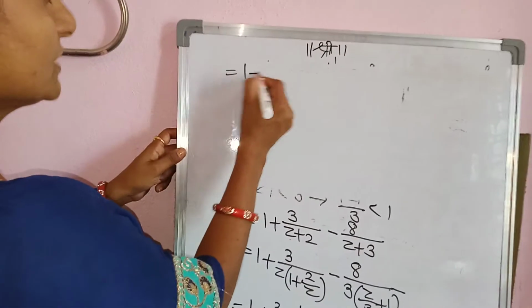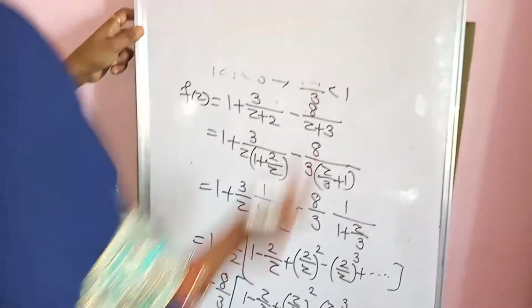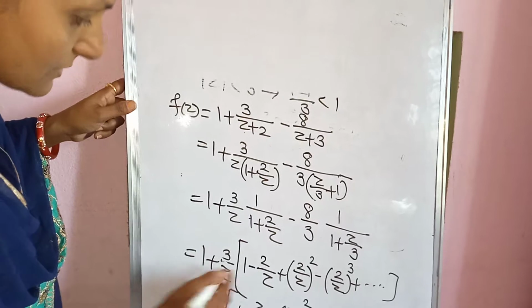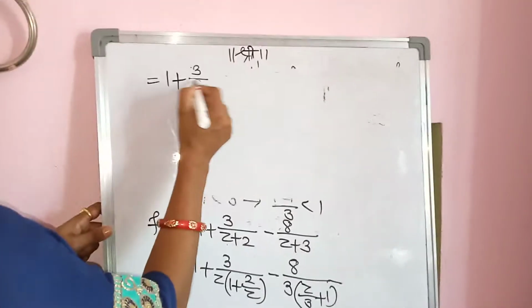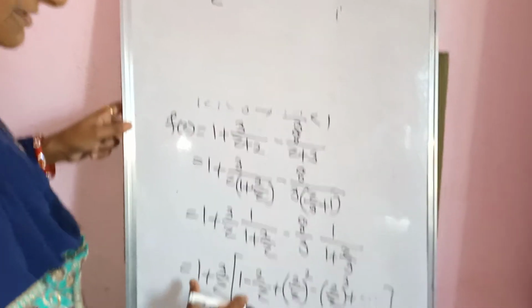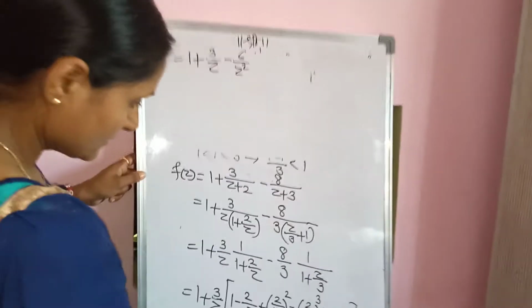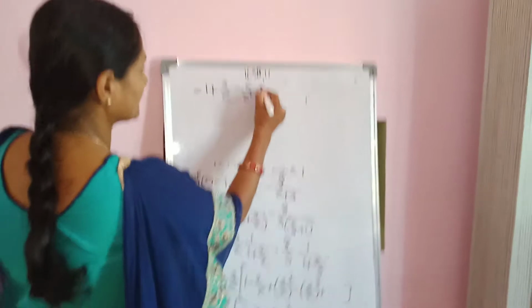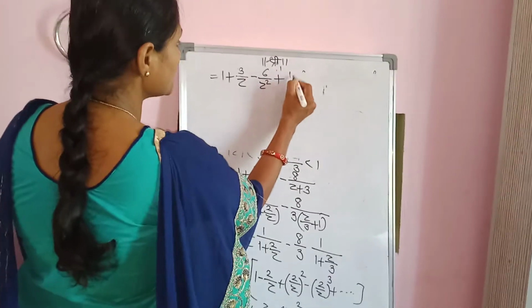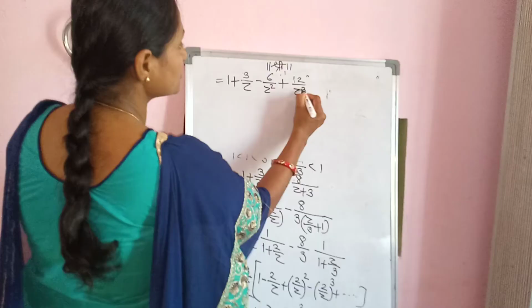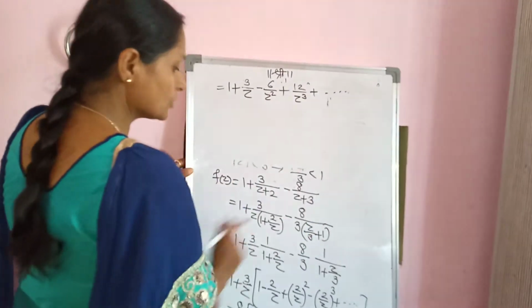Multiplying by 3 by z, we get 1 plus 3 by z minus 6 by z square plus 12 by z cube, and this will be continued so on.